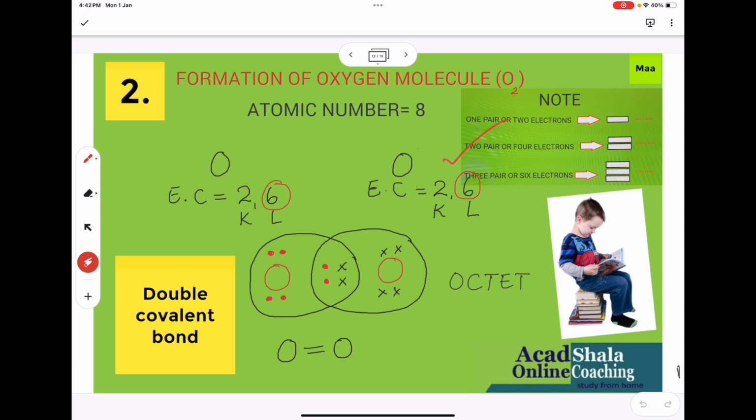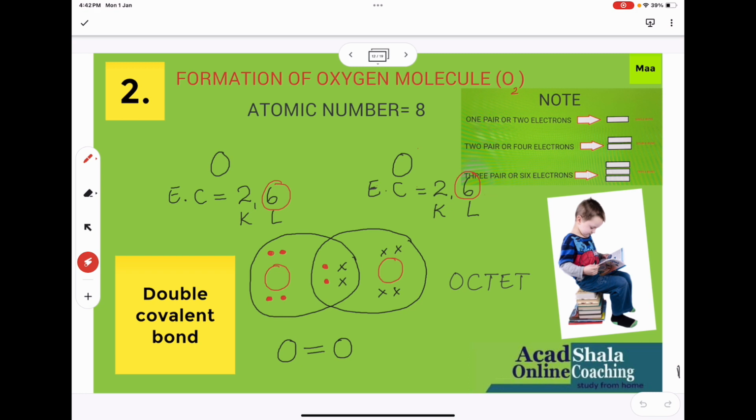Now this oxygen says, what should I do so that I attain the stable gas configuration? This oxygen says, if I get two electrons from somewhere, I can attain the stable gas configuration. That means I will attain the octet state. Of course, this oxygen was also thinking the same way. So two electrons I want from somewhere. So this oxygen says, I will share my two electrons then.